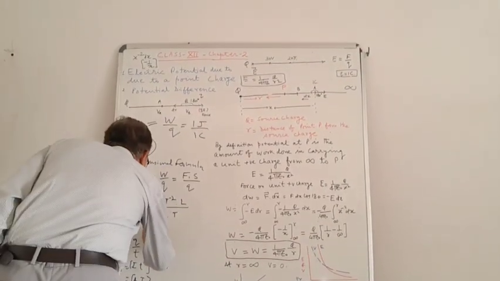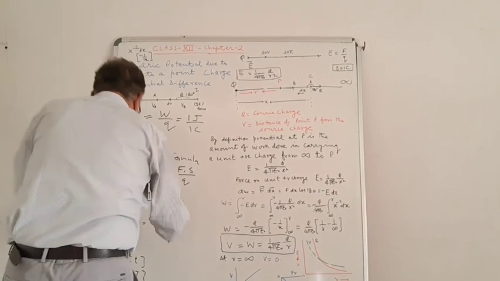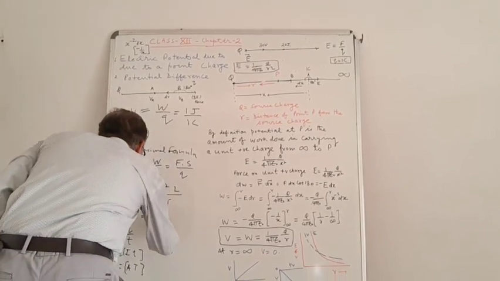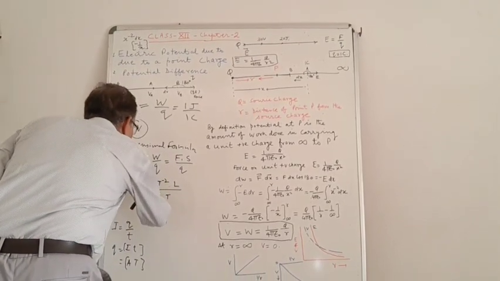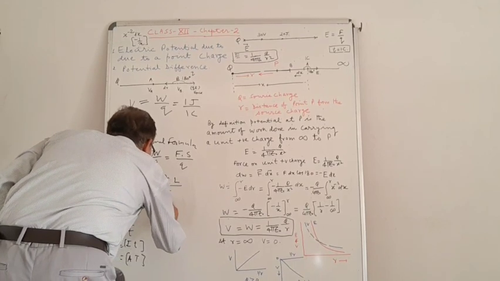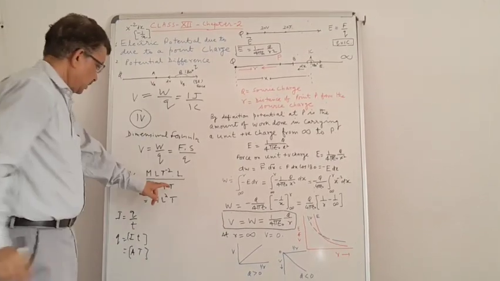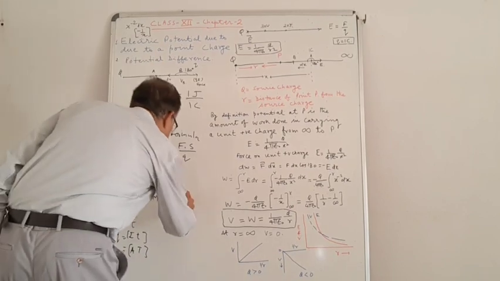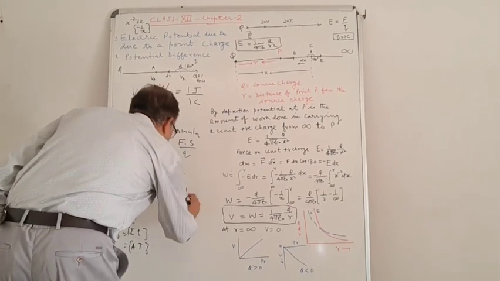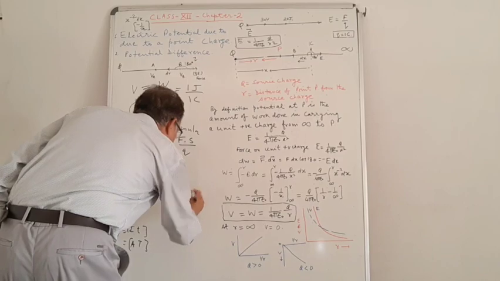So finally the value will be M L^2 T to the power minus 3 and A to the power minus 1.